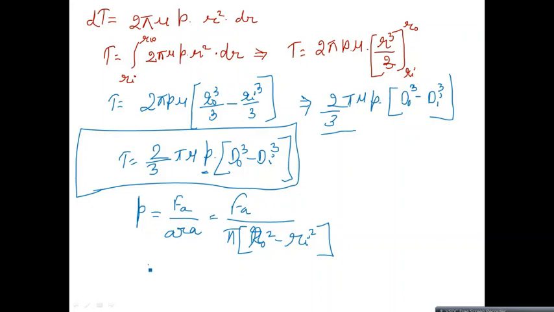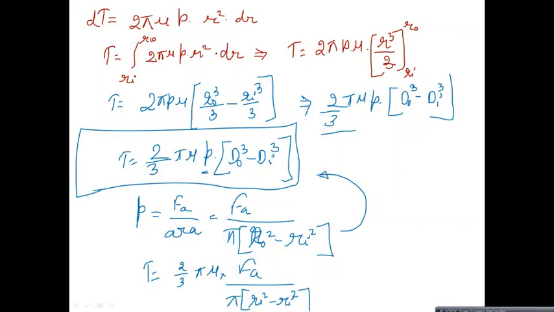So if you consider P as a pressure intensity, this is Fa divided by area. Fa is the friction force. Area is pi R0 square minus Ri square.